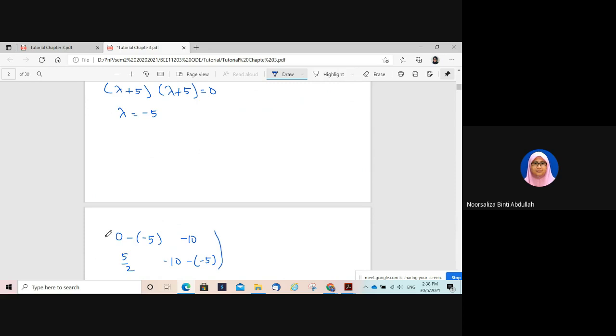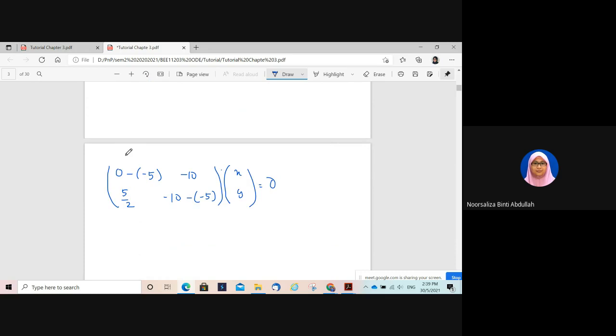Okay, close the bracket. And here you have x and y equals to 0. So 0 minus 5, here you have 5, minus 10, 5 over 2, minus 10 plus 5, times x, y equals to 0.